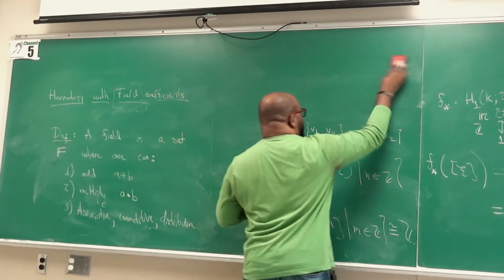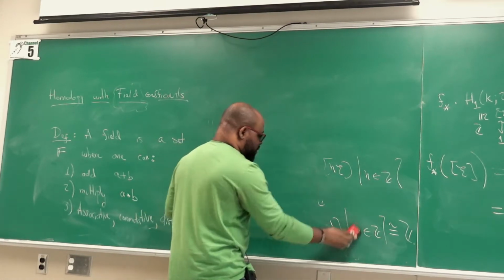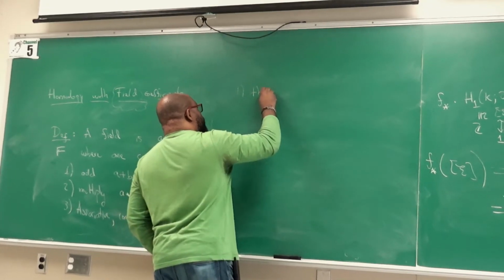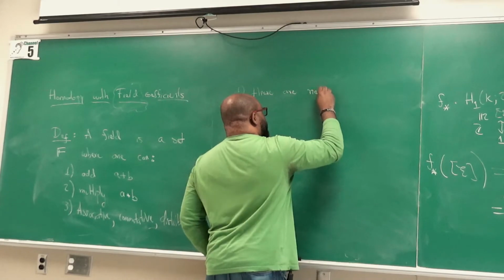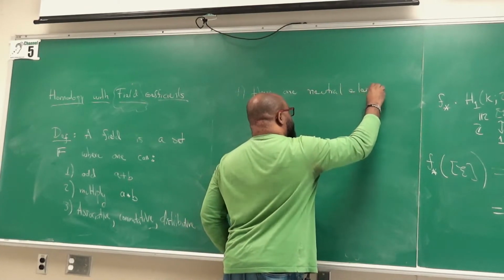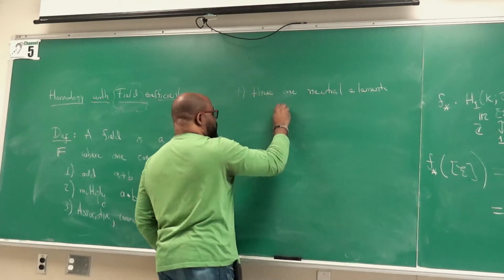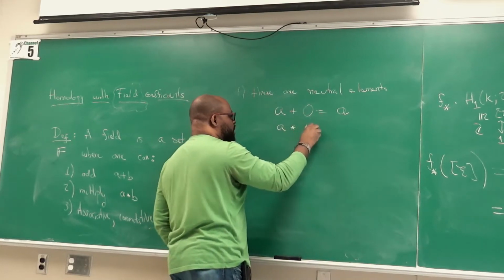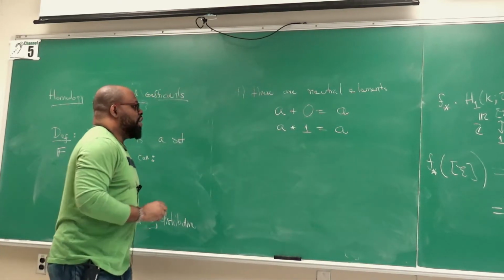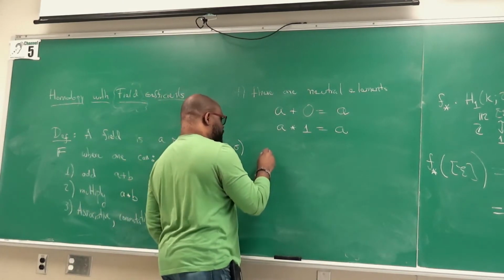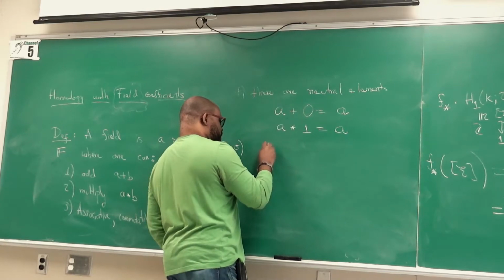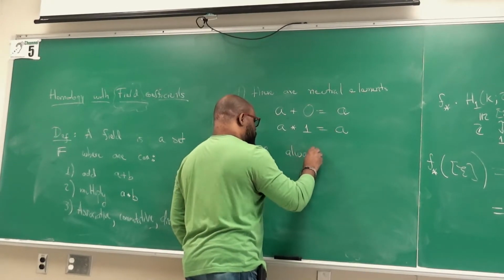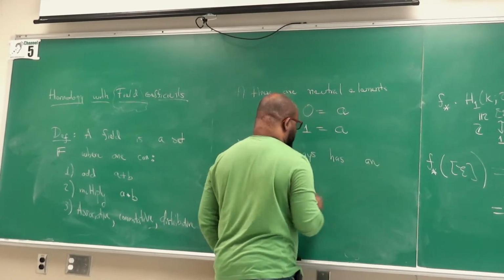The other thing is that there are identities or neutral elements, meaning that if you take A and you add 0, you get A. If you take A and you multiply by 1, you get A. And then any A always has an additive inverse.